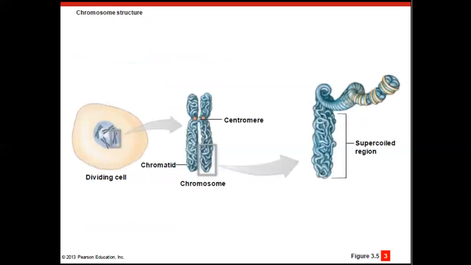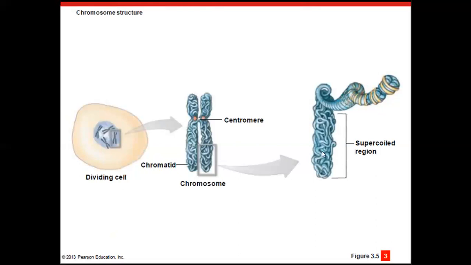So here's the chromosome. When a cell begins cell division, those supercoiled DNA molecules become chromosomes. So this is a chromosome. And then before the cell divides, so that in cell division, the 2 cells that result from cell division each have the number of chromosomes necessary, 23.